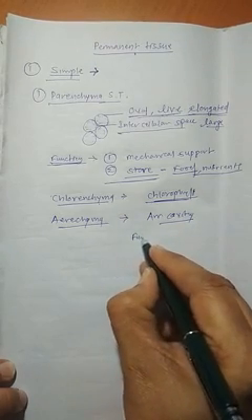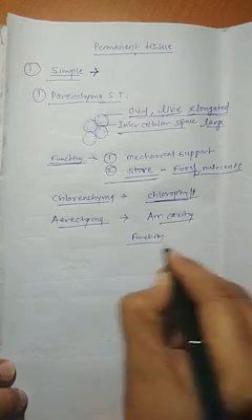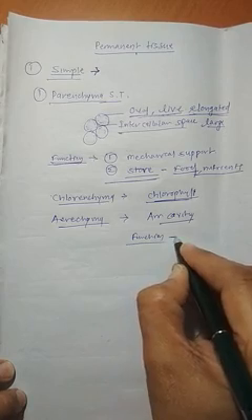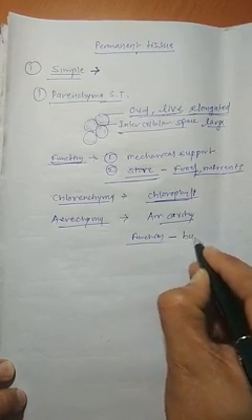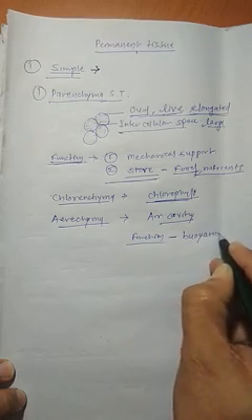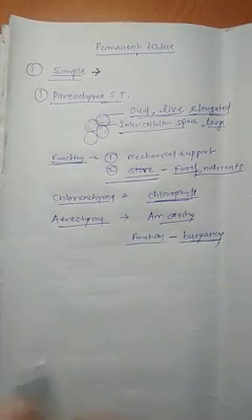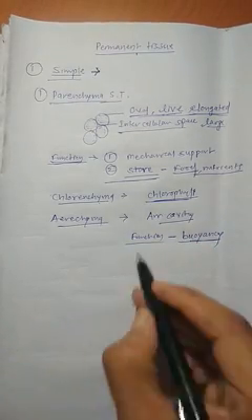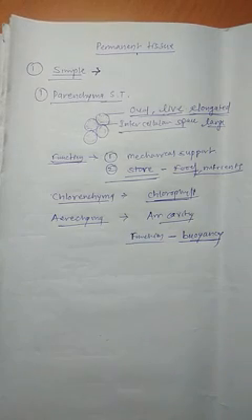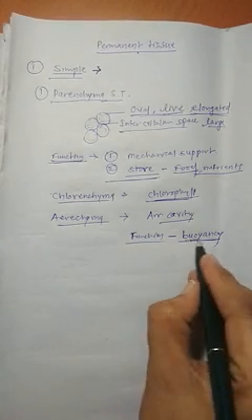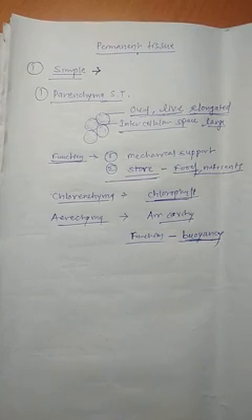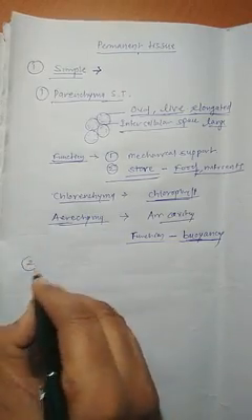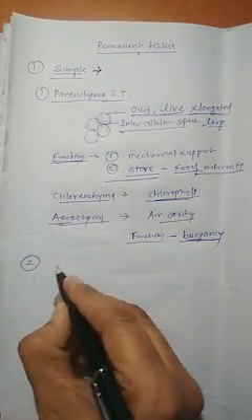Function: to give buoyancy in aquatic plants. You well know what aquatic plants are. They float on the water. Second one, collenchyma.